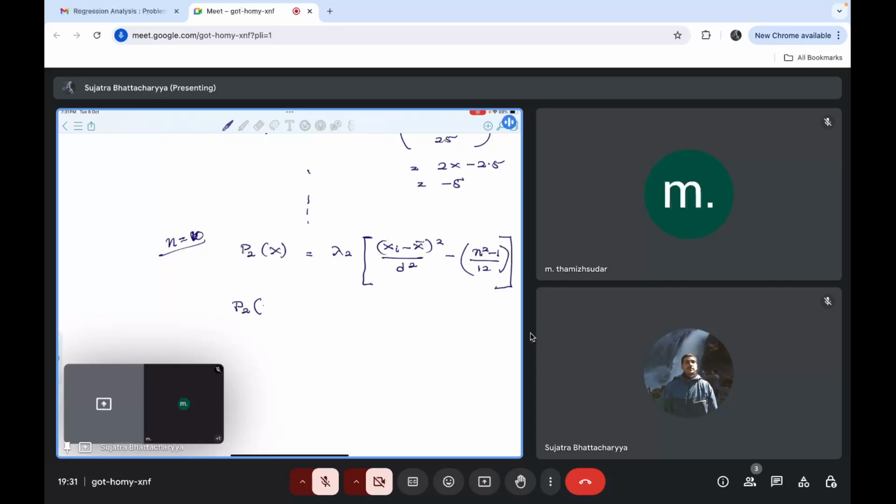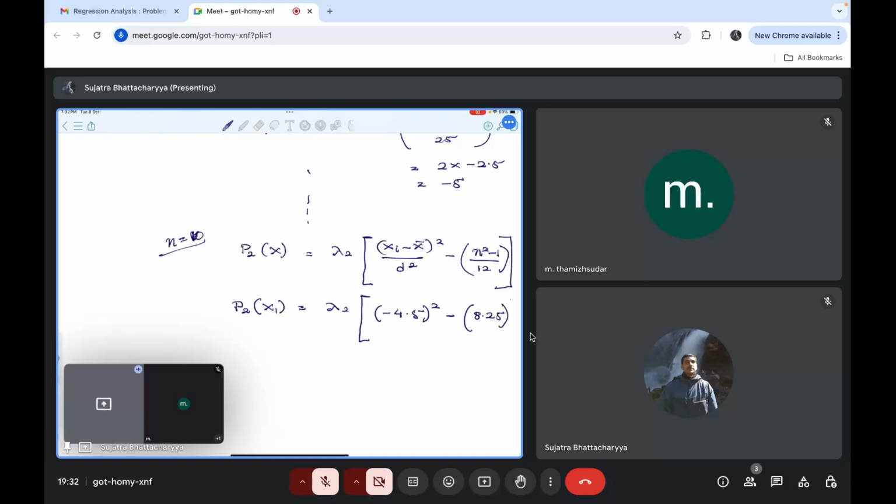Let's calculate for x1 equal to 50. We have already calculated xi minus x bar by d, which is minus 4.5, squared, minus n square minus 1 by 12. If you calculate, 100 minus 1, 99 by 12, is actually 8.25.